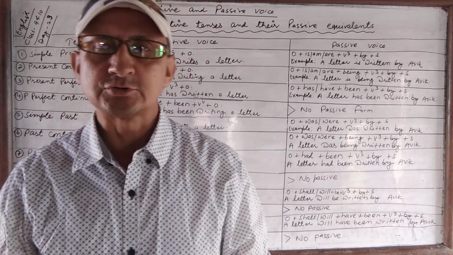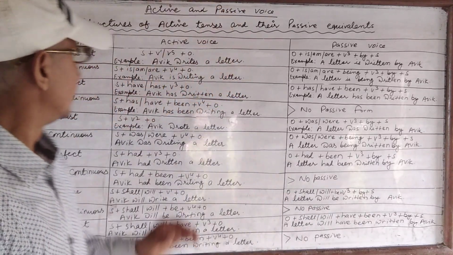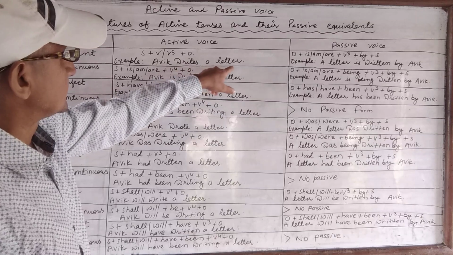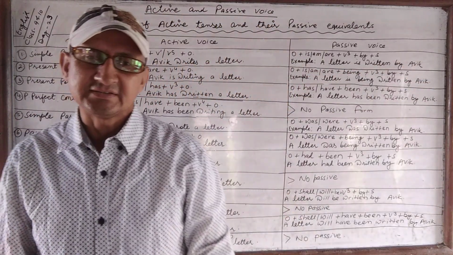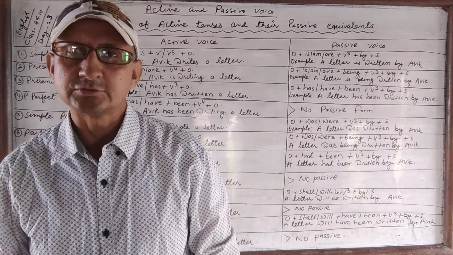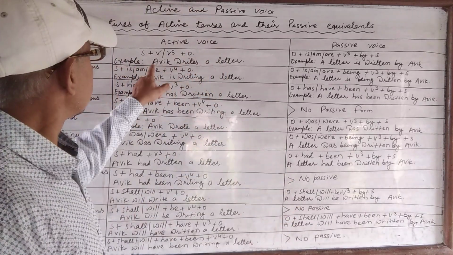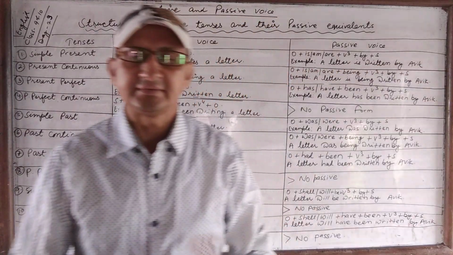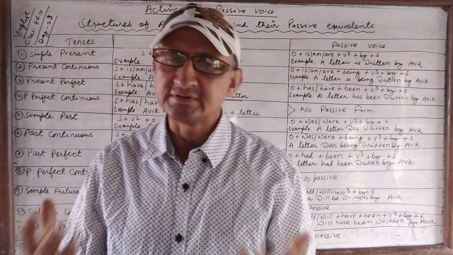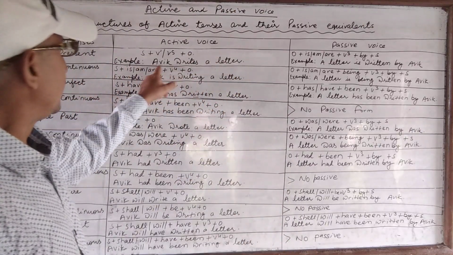And she changes into her. For example, she writes a letter. A letter is written by her. They change into them. They write a letter. A letter is written by them. We change into us. We write a letter.